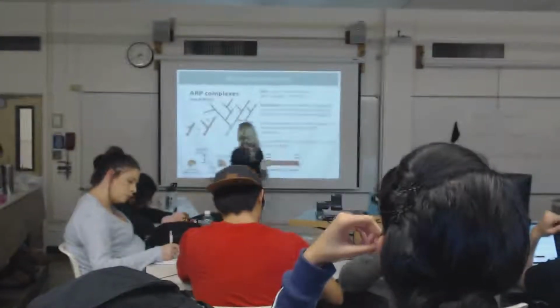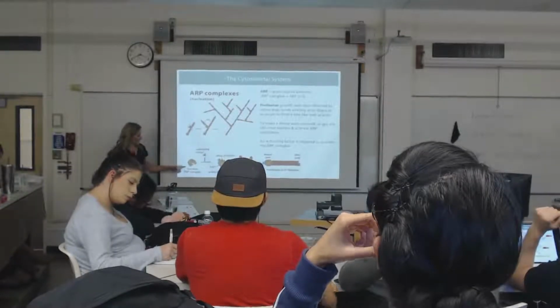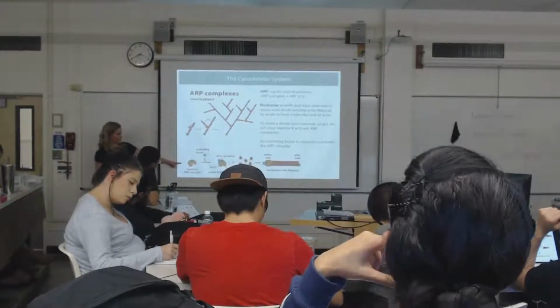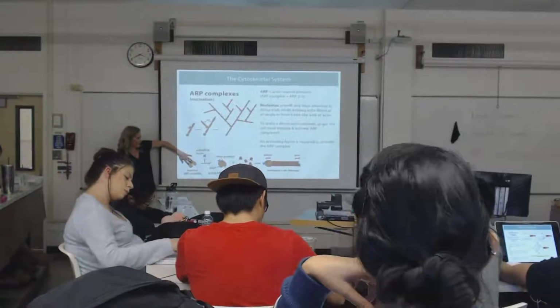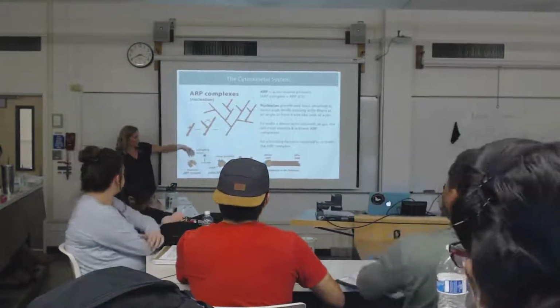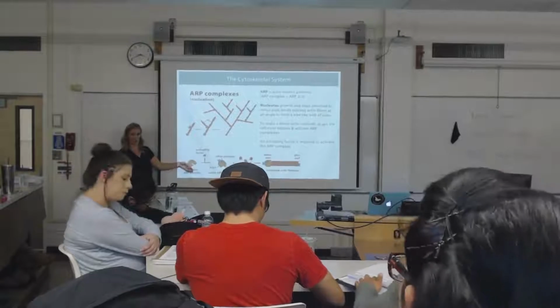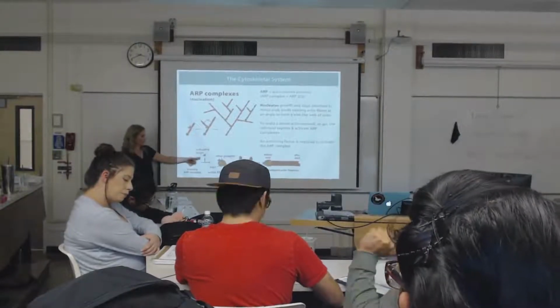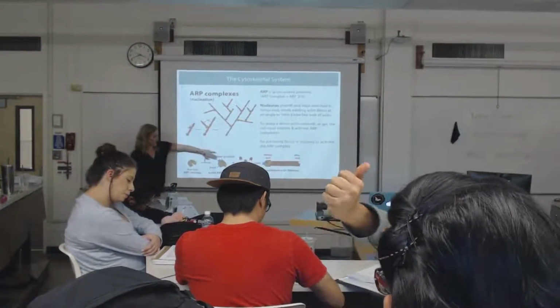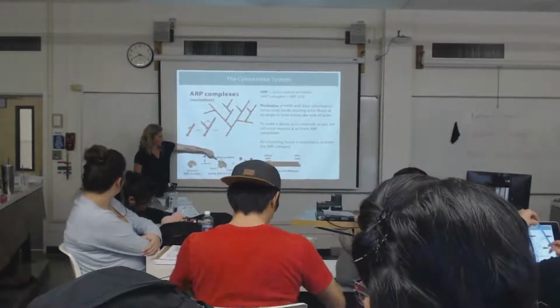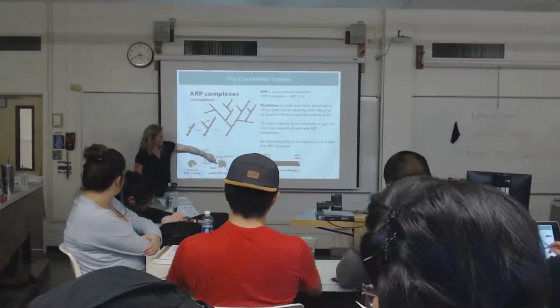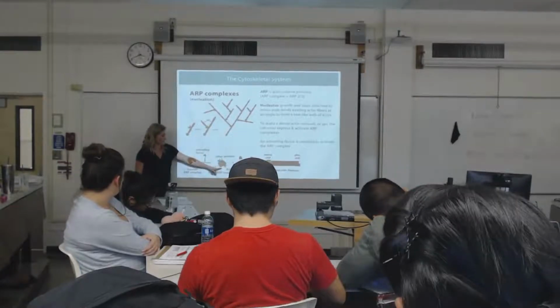All right, so here's our cartoon of the ARP complex. In the absence of activating factor, it has a conformation that prevents it from binding to the actin monomers. When activating factor is present, it binds on one side of the ARP complex and changes its conformation at the binding site.